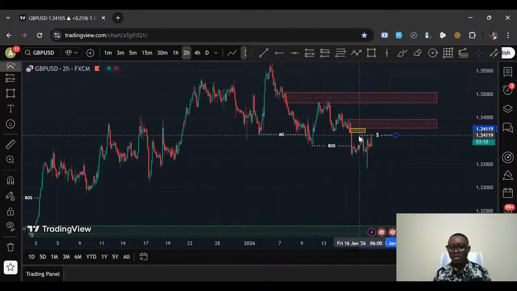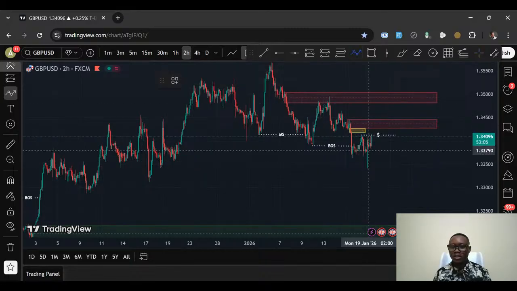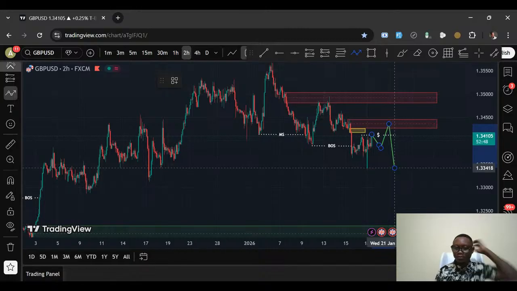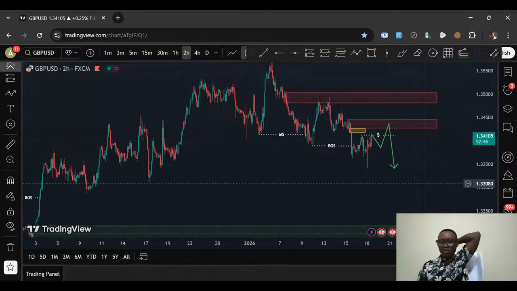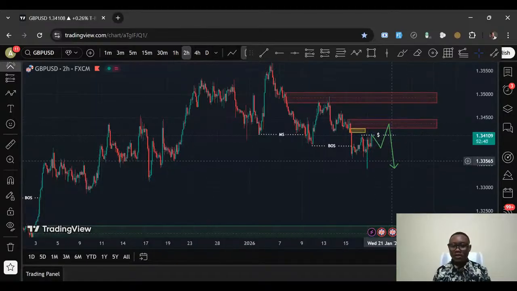So this is a liquidity area for me. We'd expect something like this: price creates an inducement, then goes all the way, taps into the zone, and comes all the way to this swing low. This is what I would expect price to do. But again, let's continue refining the zone further.